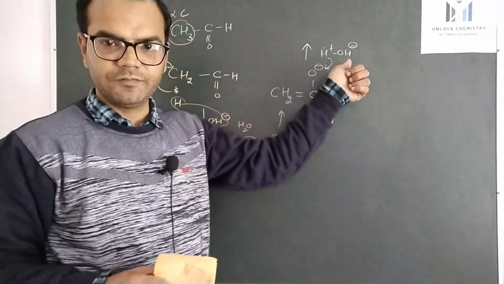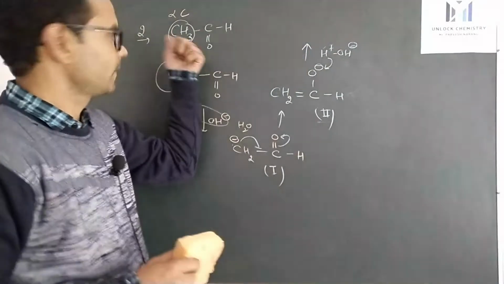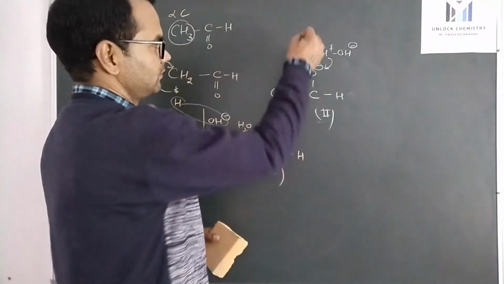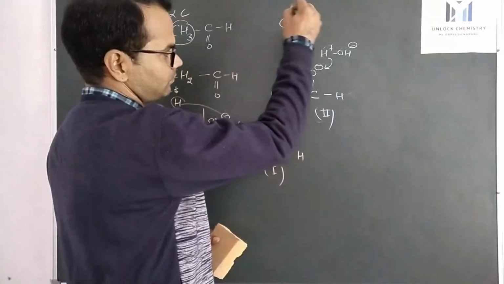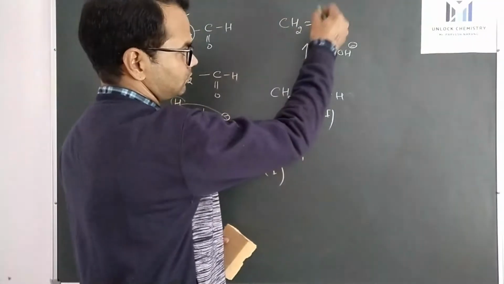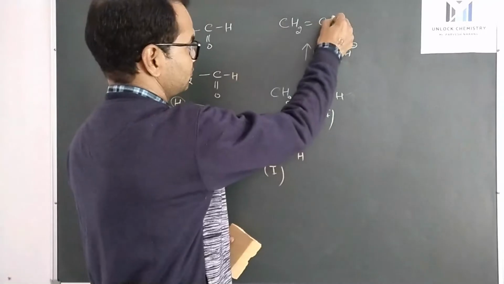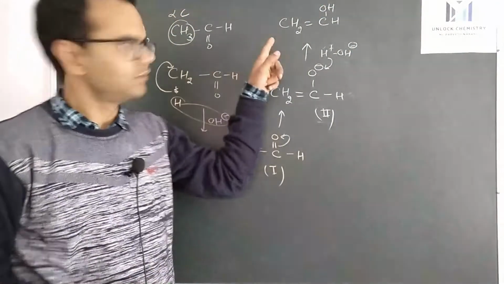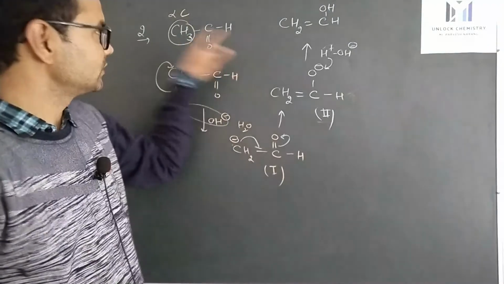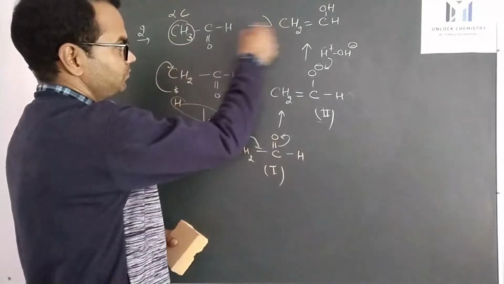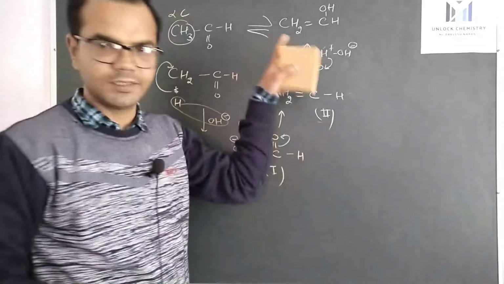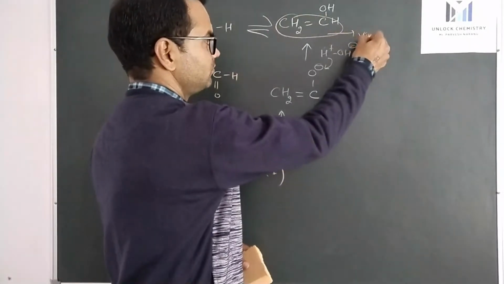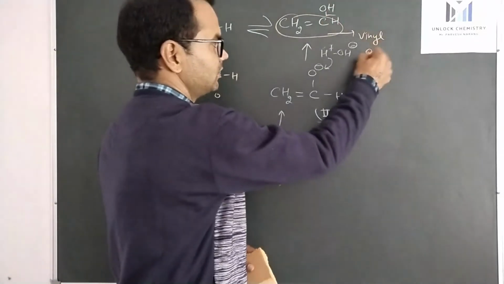Here base will become free and it will remove acidic hydrogen from another molecule. So now the tautomer of acetaldehyde, we can give the name: this is vinyl group and this is alcohol.